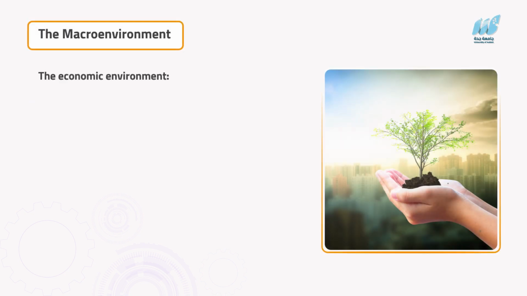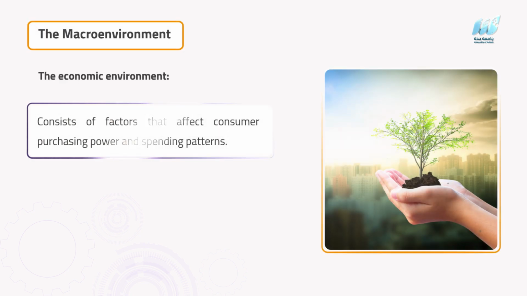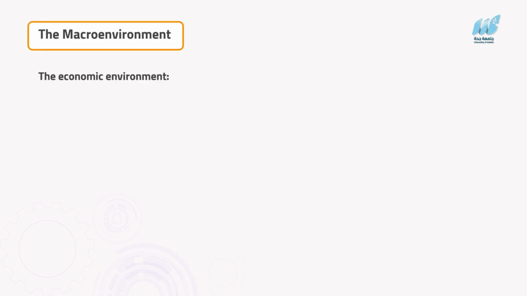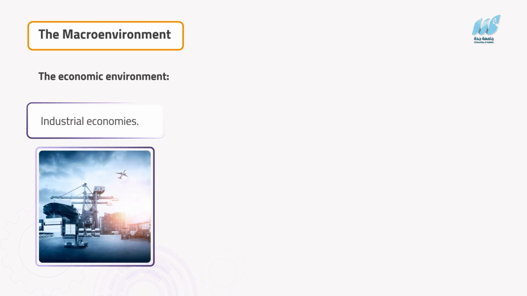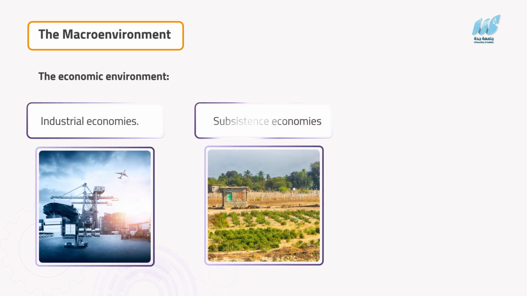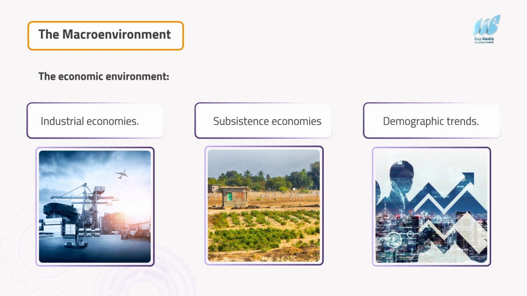The economic environment consists of factors that affect consumer purchasing power and spending patterns. Industrial economies are richer markets. Subsistence economies consume most of their own agricultural and industrial output. Developing economies also offer outstanding marketing opportunities.